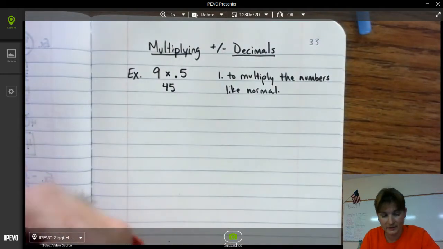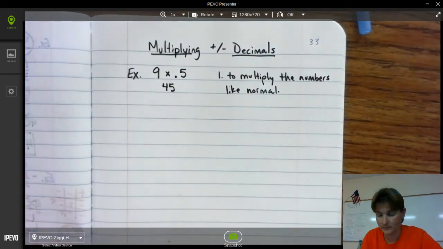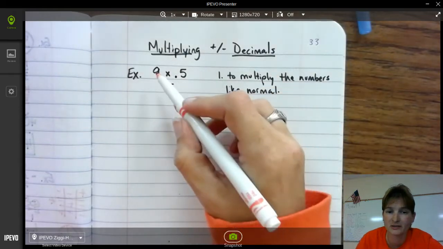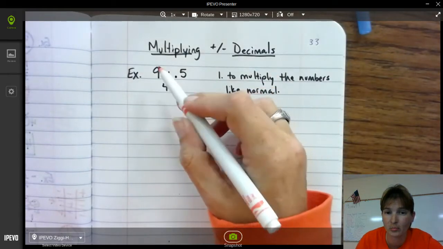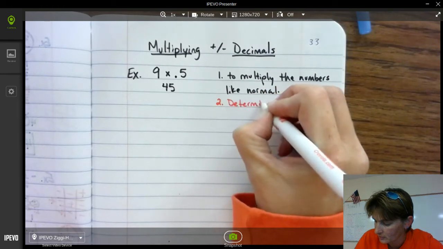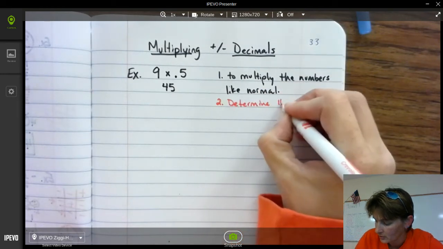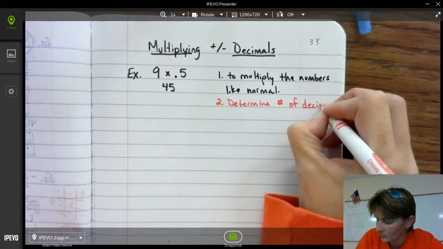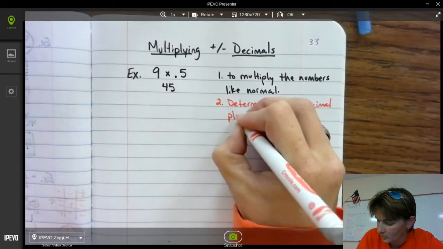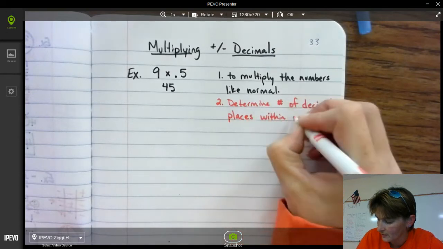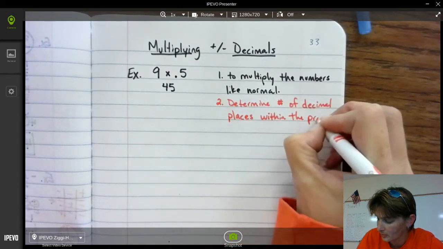And then the second step is we need to determine the number of decimal places within the whole problem.